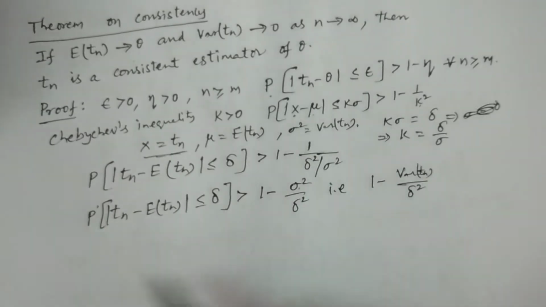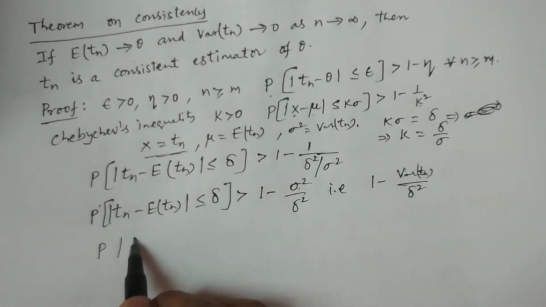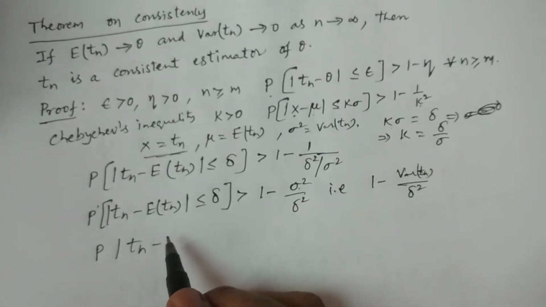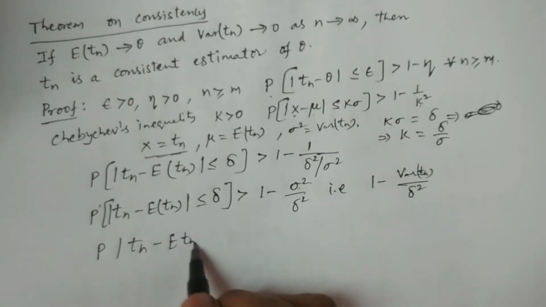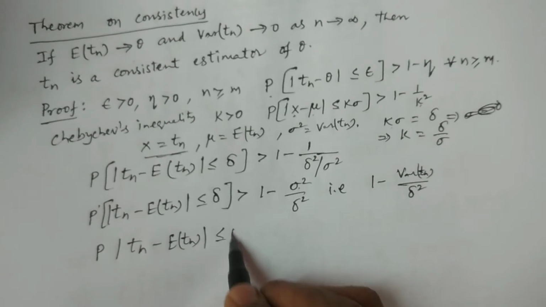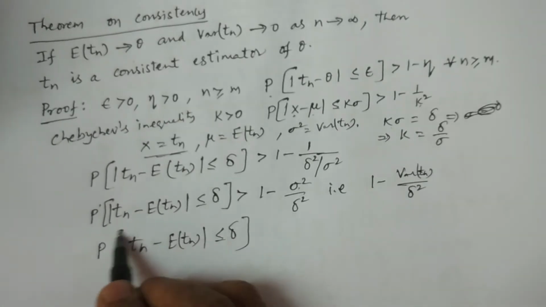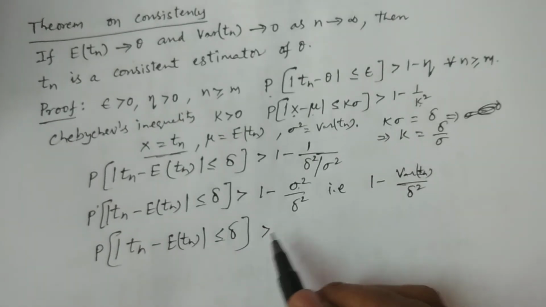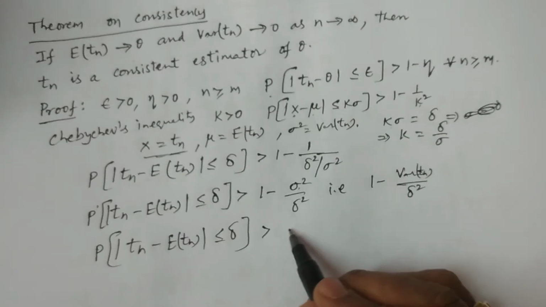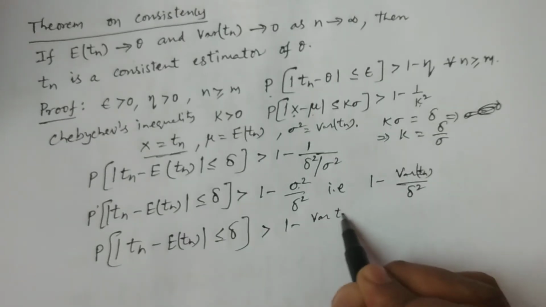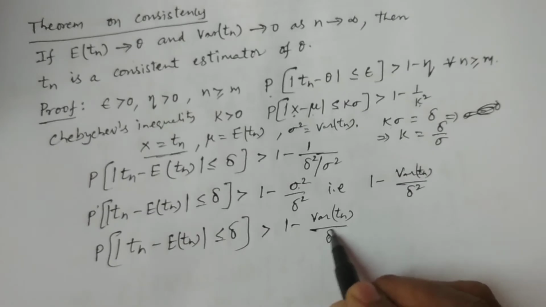Sigma square is variance of Tn. Therefore, probability of modulus of Tn minus expectation of Tn less than or equal to delta is greater than 1 minus variance of Tn divided by delta square.